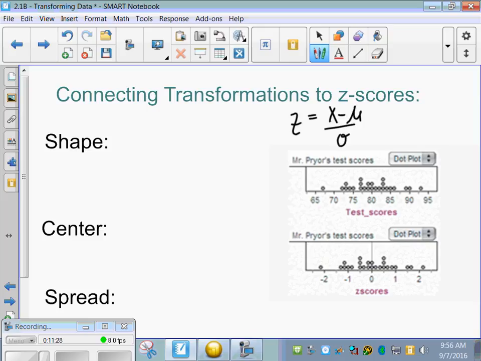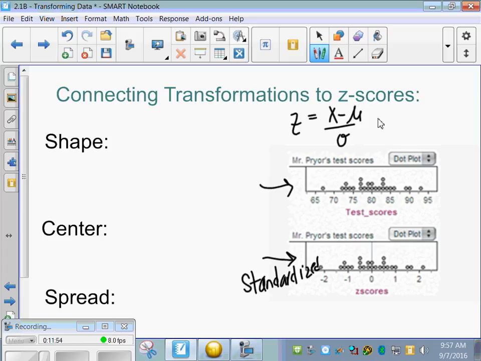Here's the test scores in normal percentages, with a little dot plot. This is everyone's test scores, pretend test scores. And down here, we standardized every single one. When you standardize, you're subtracting something and dividing by something, correct?